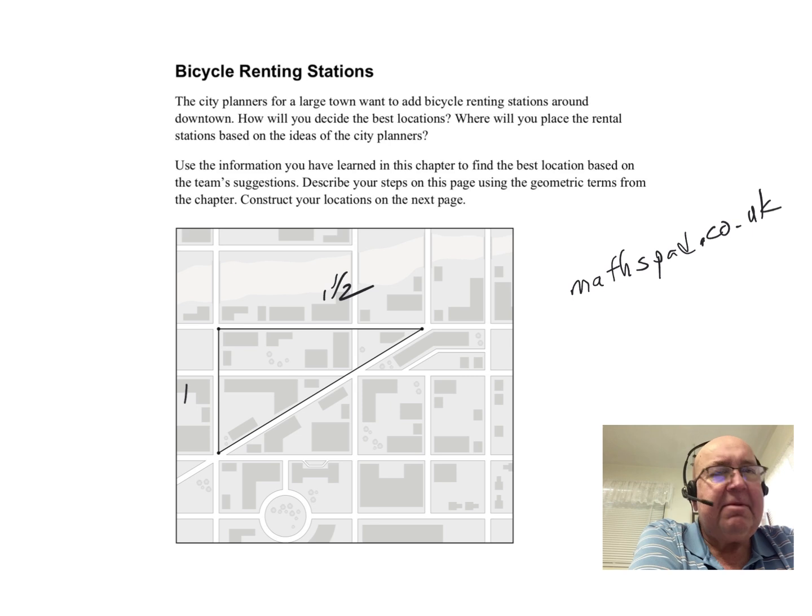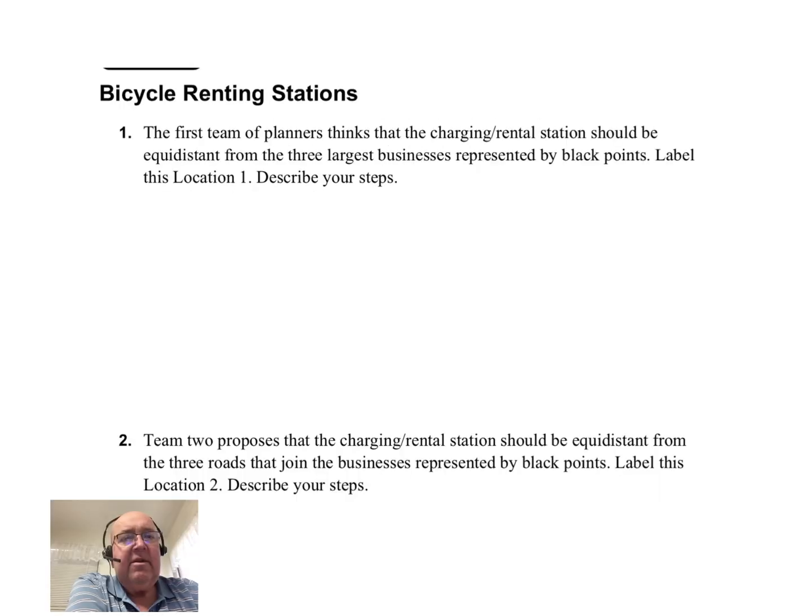So on the next page it says construct your locations. So what you see is the first team of planners thinks that the charging rental station should be equidistant from the three largest businesses. Those are represented by the vertices of the triangle or by the black points. Label this location and describe your steps.